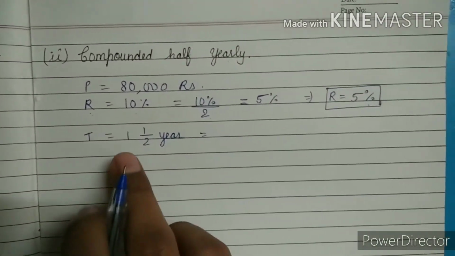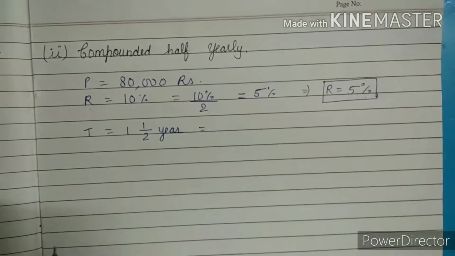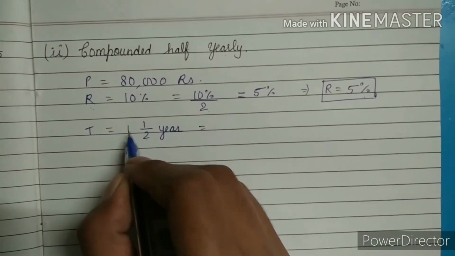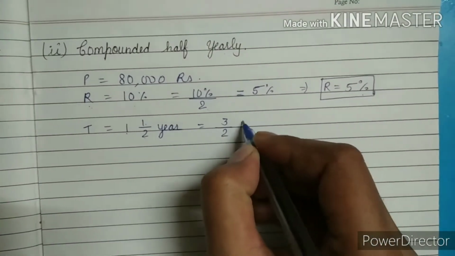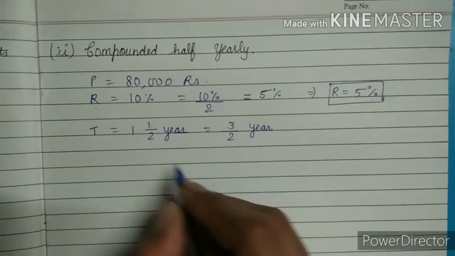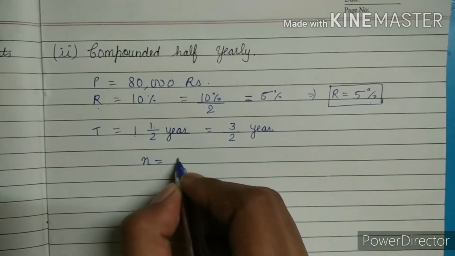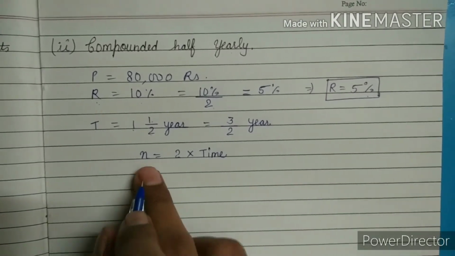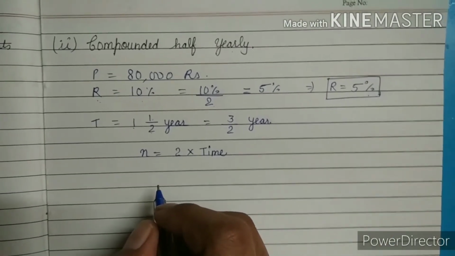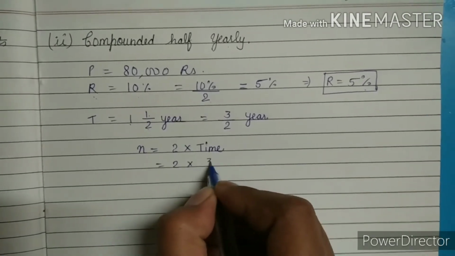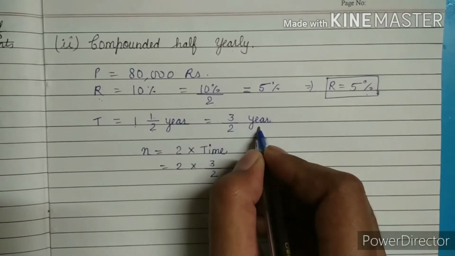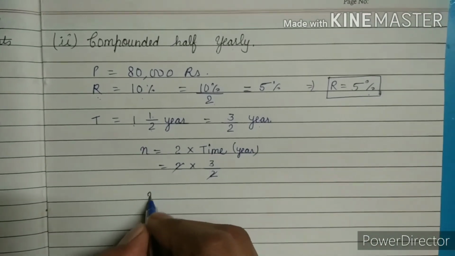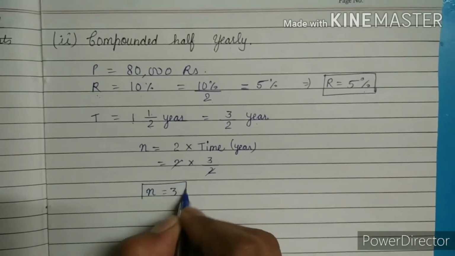So you have to see in 1 1/2 years how many half years. 2 1s are 2, 2 plus 1 is 3 by 2 years. So our n value will become n equal to 2 into time, because in 1 year 2 half years are there. So 2 will multiply by 3 by 2. 2 to 2 cut and our n value will come as 3.